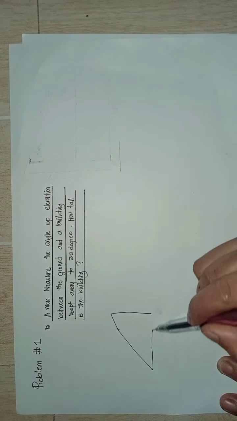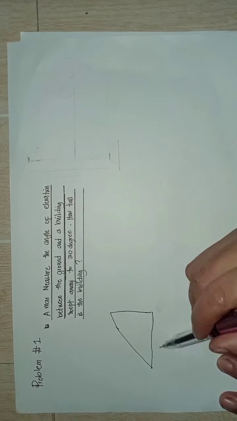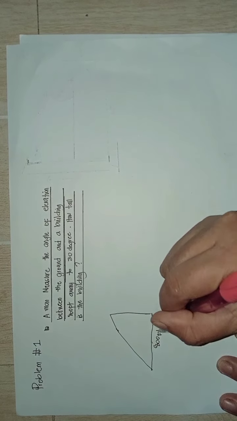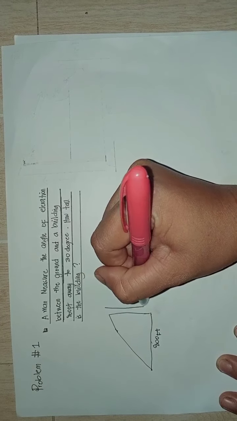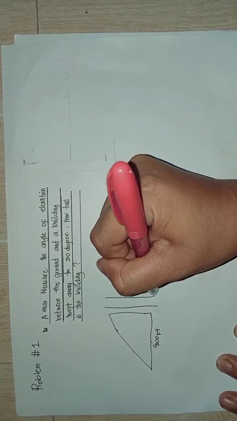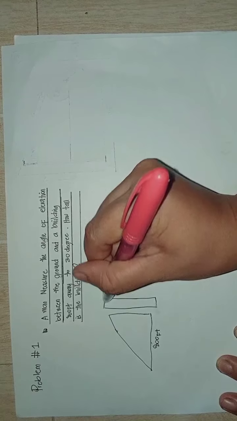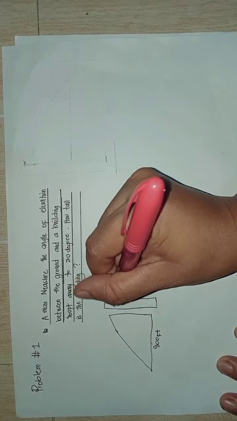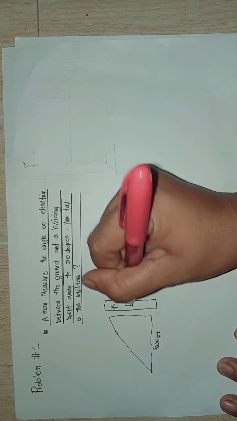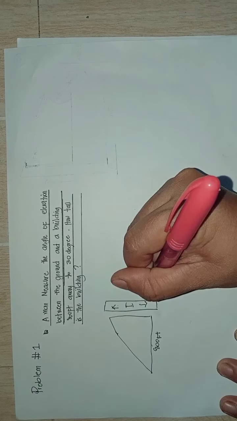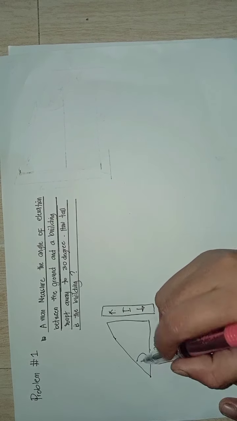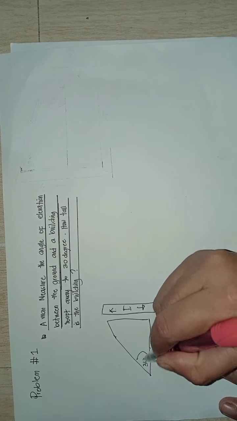So, this is the ground. The ground is 800 feet, and this is the building. The angle of elevation is 30 degrees.